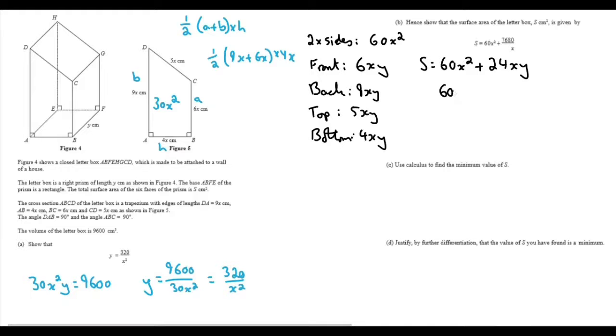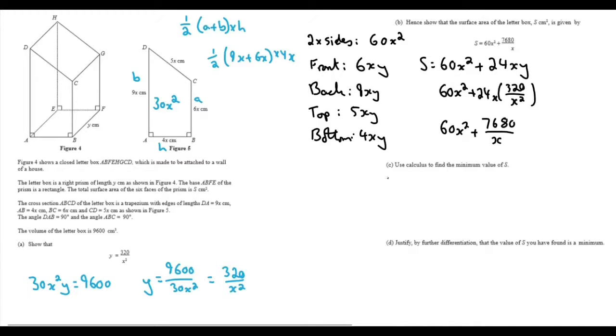So you have your 60x squared plus 24x lots of 320 over x squared, and you find that 24 times the 320 will give the 7,680, and then times x divided by x squared leaves you with just a single x on the bottom. We have shown the expression.